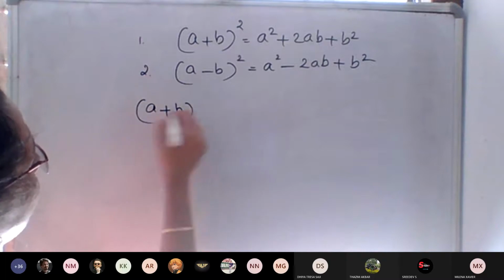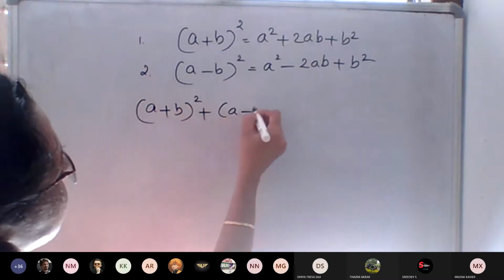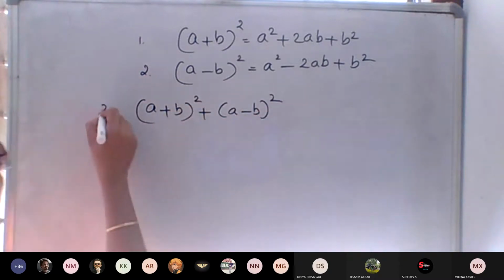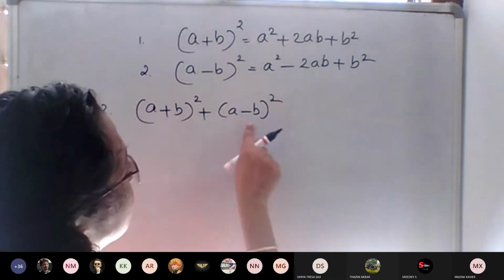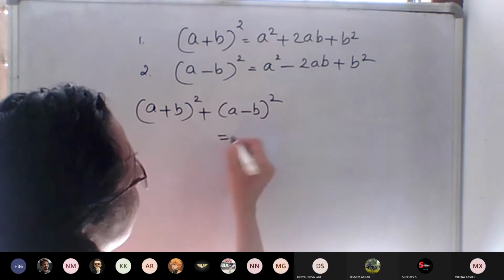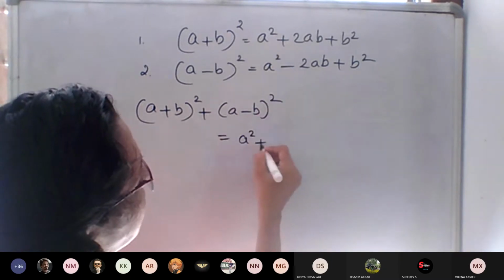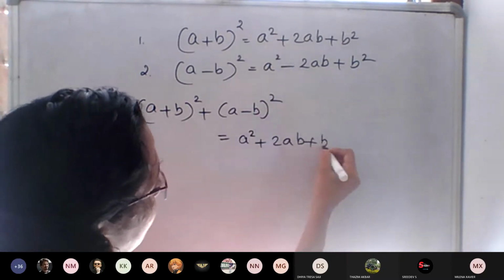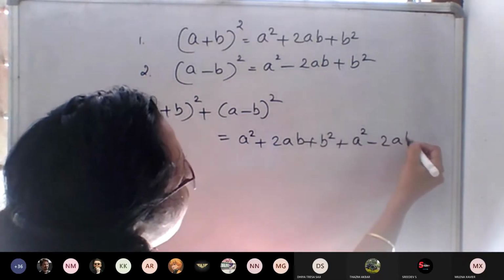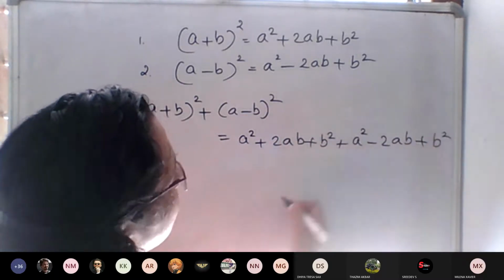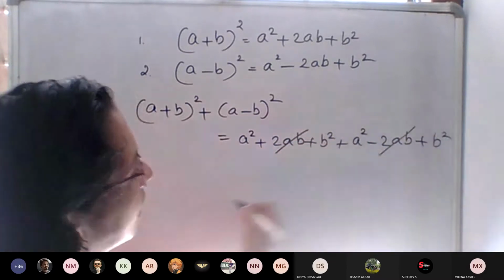(a plus b) whole square plus (a minus b) whole square. Don't write, first listen to me. If we add these two, we get a square plus 2ab plus b square, and we have to add this a square minus 2ab plus b square. So what will be the answer? The 2ab terms we can cancel.